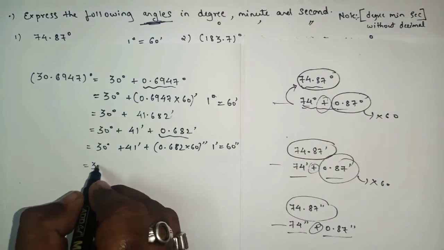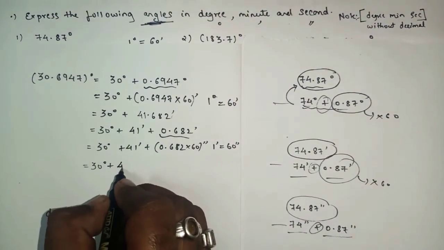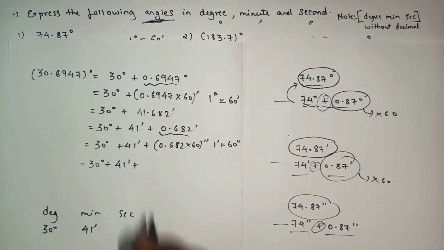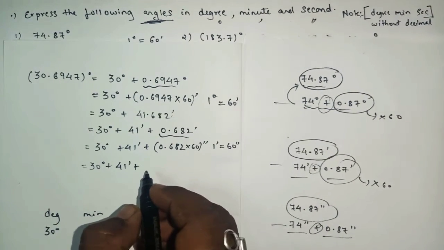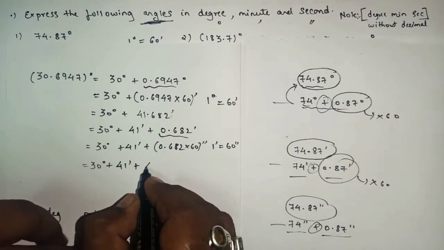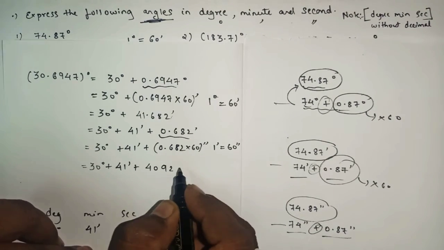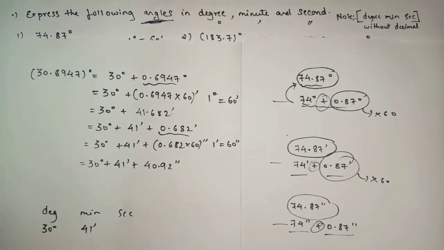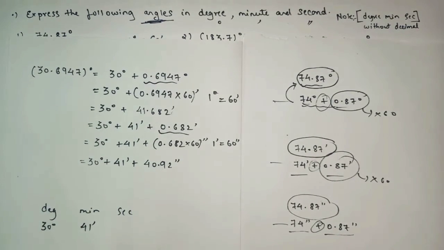We'll keep this 30 degree as it is, 41 minute as it is. Now we'll multiply 0.682 into 60. So this will be 40920, with 3 decimals, so here this will be 40.92.